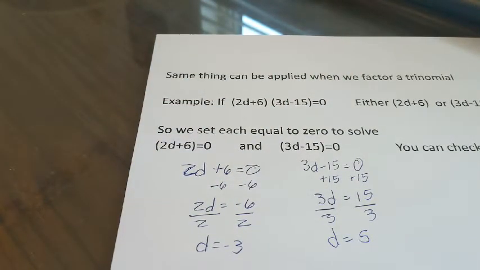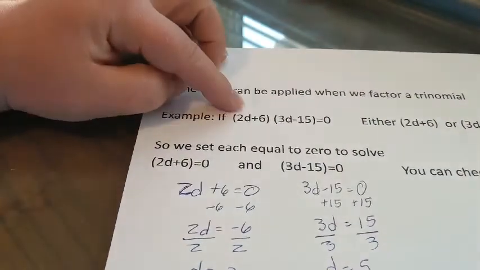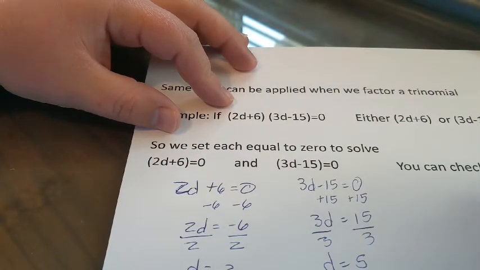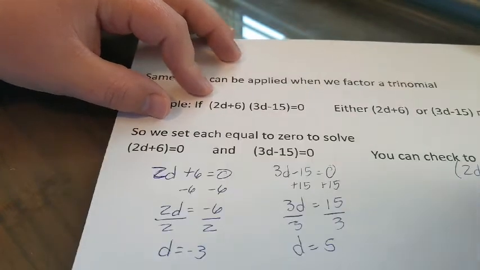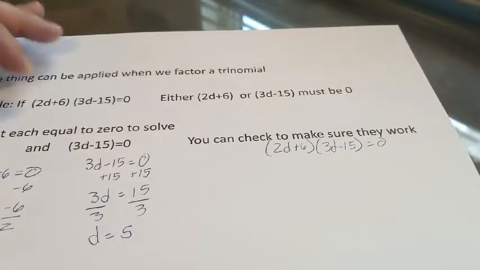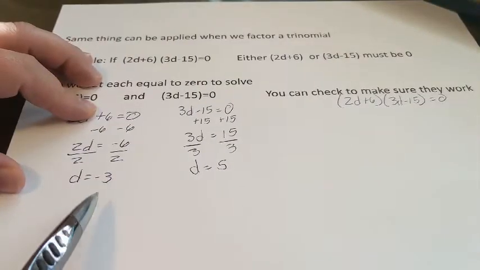Okay, so if we want to check them, and honestly, on your assignment that's not necessary, but we go ahead and use these. So we have 2d plus 6 and then 3d minus 15 equals 0. I'm going to try the negative 3 first.